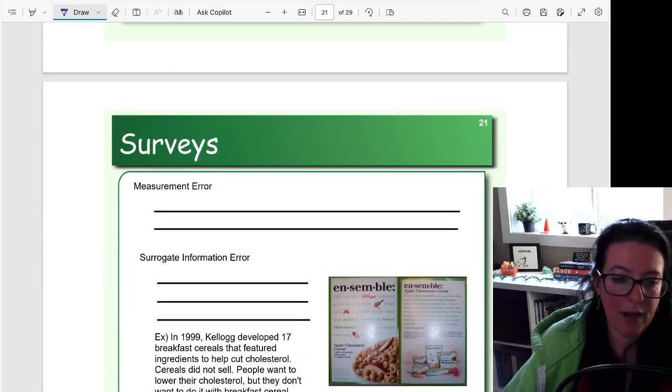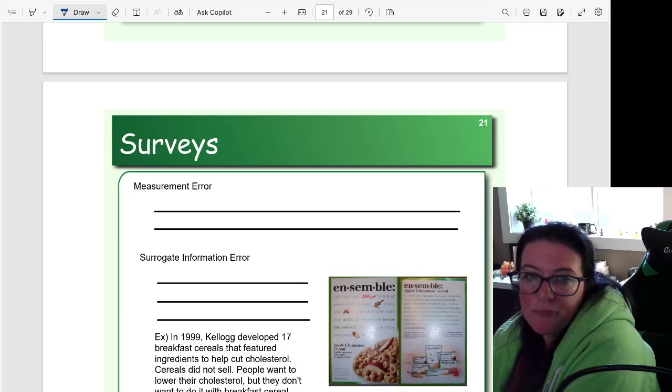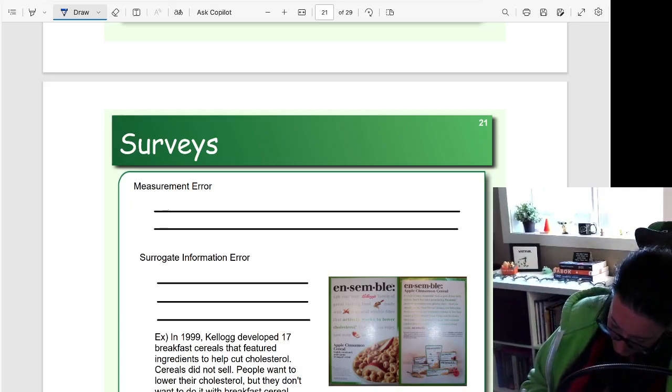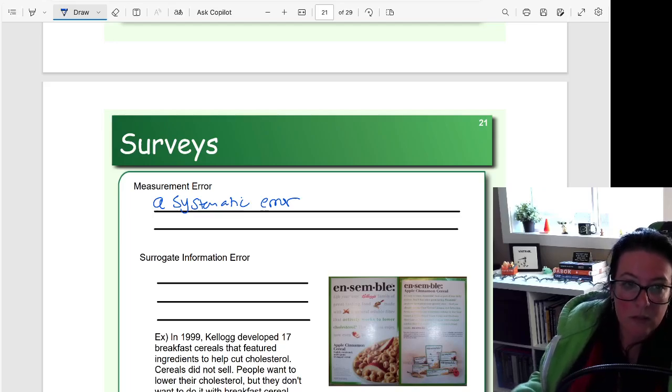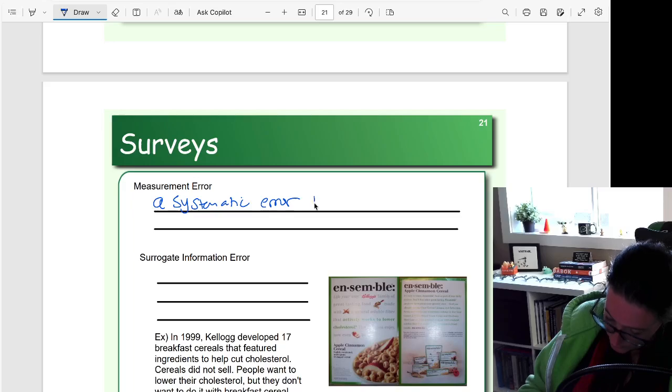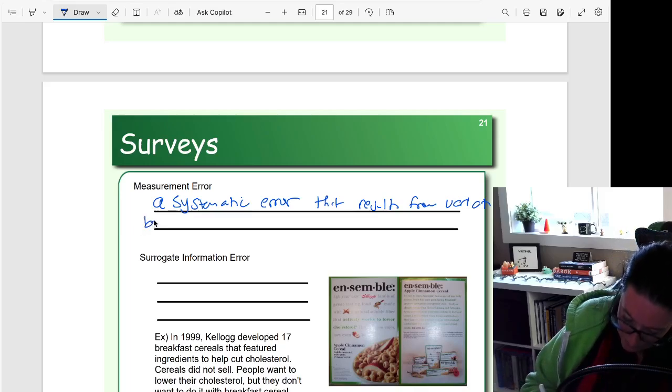So let's start first by creating a formal definition of measurement error. Measurement error is a systematic error that results from variations between info that is sought and what is actually obtained.